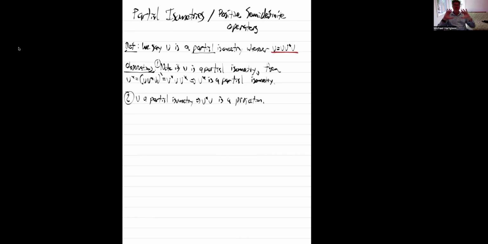Now, the nice thing is that we already have a very algebraic characterization of projections, and this is an algebraic formula, so we probably want to go ahead and use our algebraic characterization of projections. So why is this going to be true?